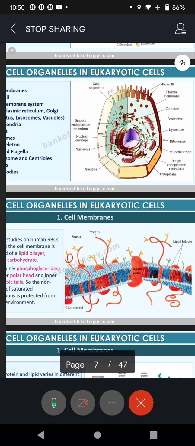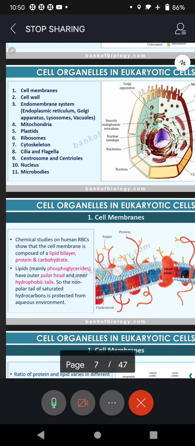Now we first go to the boundary. We have got in science school now a big wall around, no? Like that, for the cell also there will be a boundary. And that boundary is the cell membrane. And you know the cell membrane is also known as the plasma membrane.